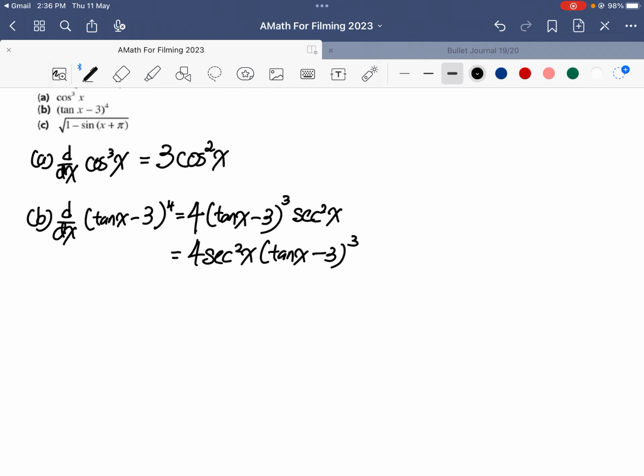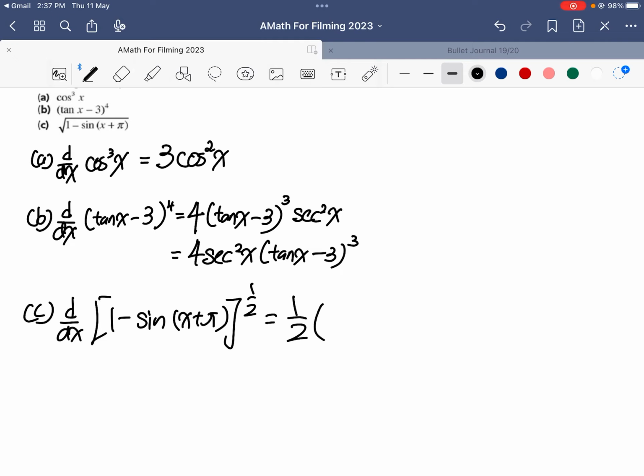Part C, what I'm attempting, I wrote C twice. What I'm attempting to differentiate is 1 minus sine x plus pi to the power of half. So power bring down, so I get 1 minus sine x plus pi, half minus 1 gives me negative half.